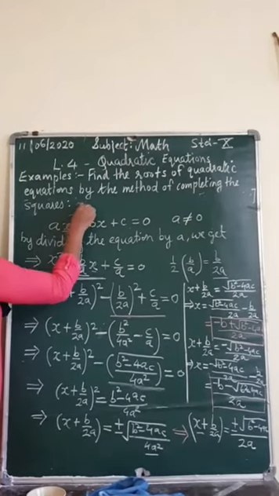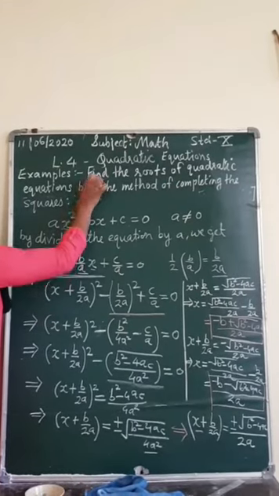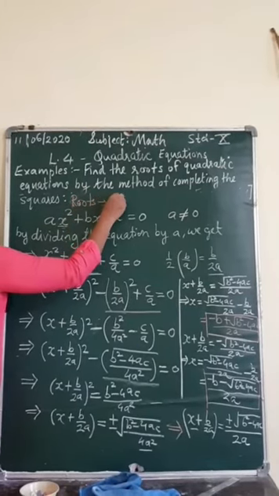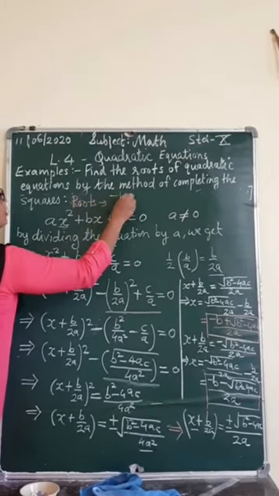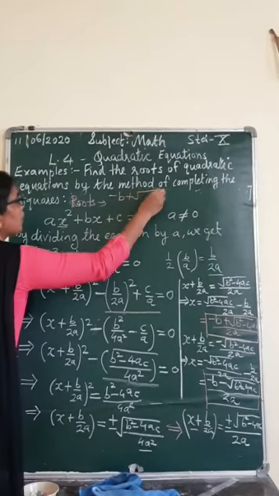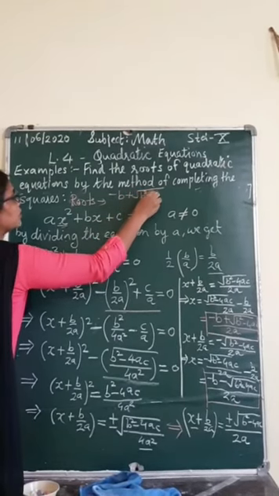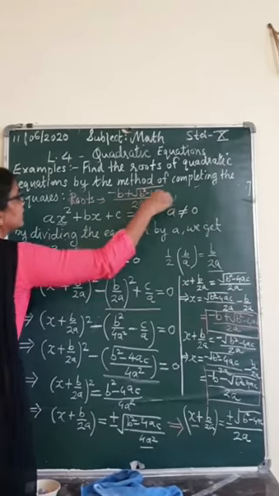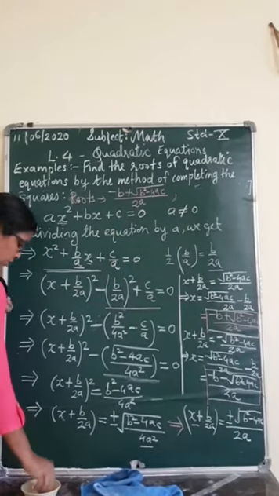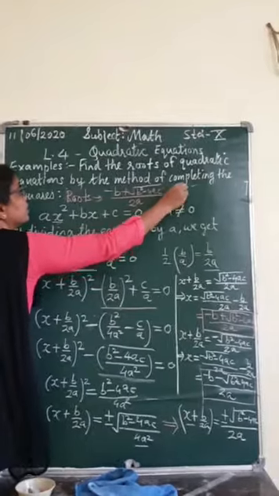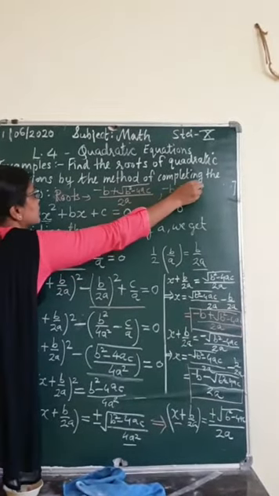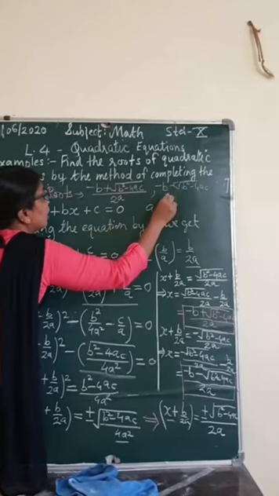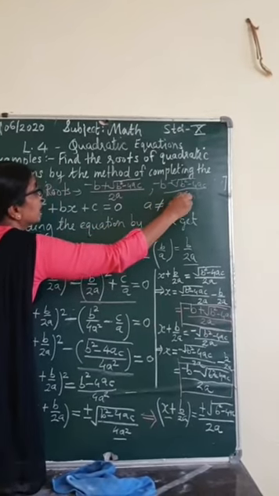The roots are: minus b plus square root of b square minus 4ac upon 2a, and the other one is minus b minus square root of b square minus 4ac upon 2a.